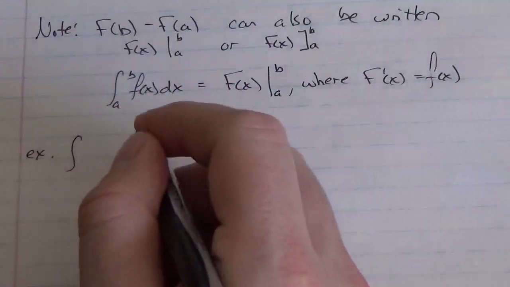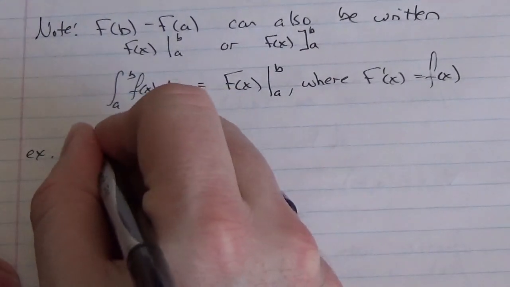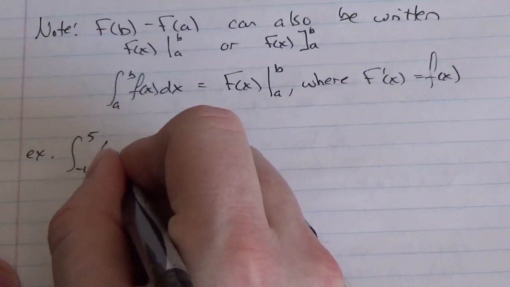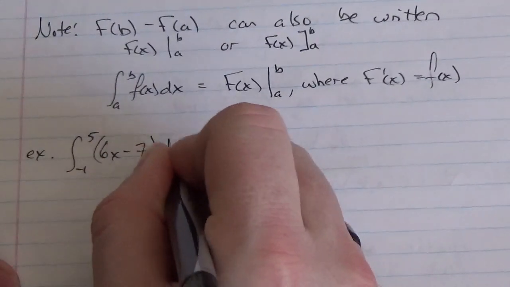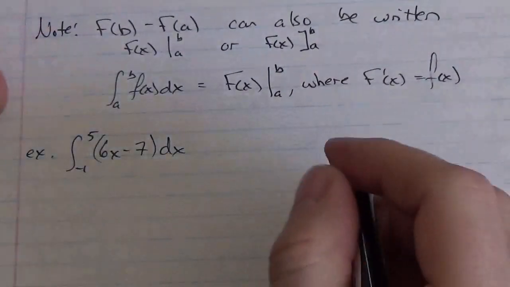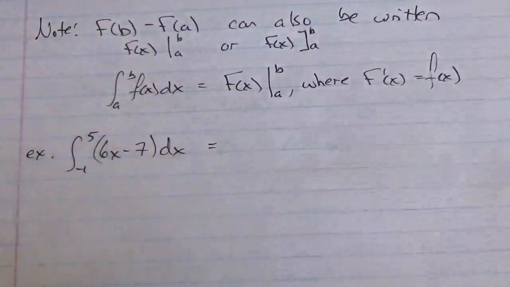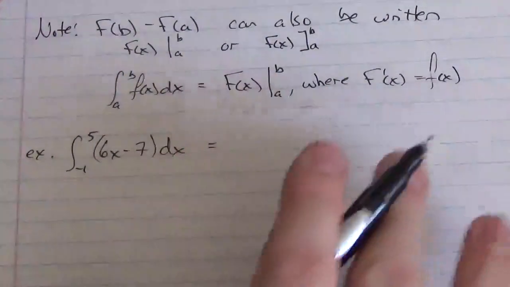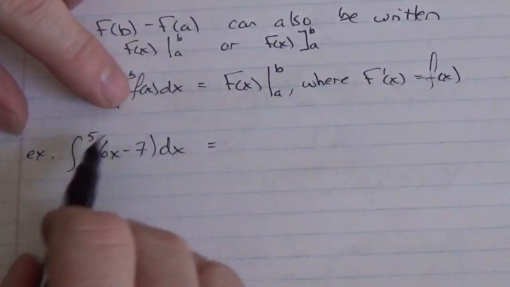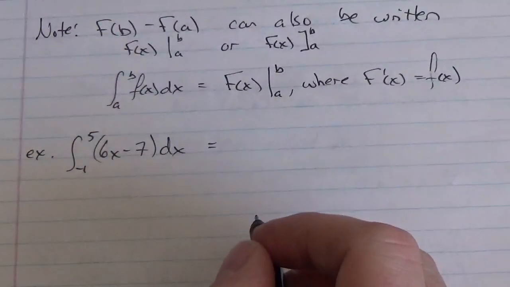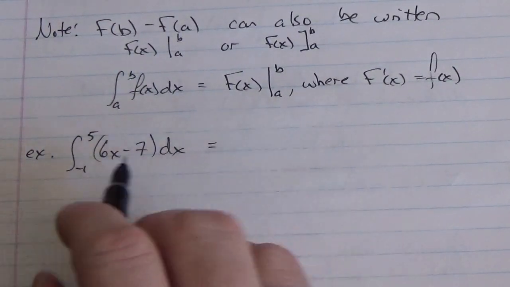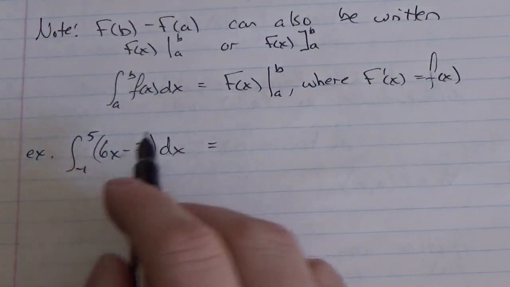So if I take the integral from -1 to 5 of 6x minus 7 dx, what this is going to equal is the antiderivative of this evaluated between those two endpoints. So what is the antiderivative of 6x?